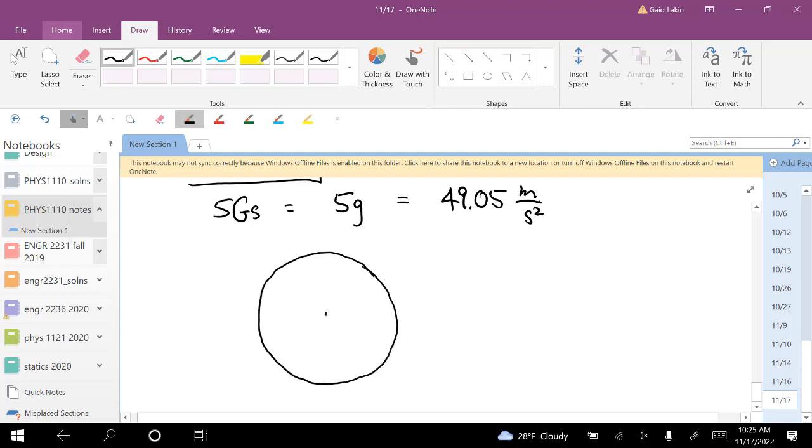So here's the circular path, and I'm going to use the usual coordinate system like this. And we have to choose an instant to look at. It doesn't matter what instant you choose, but I'll think of it over here. The centripetal acceleration vector points from the person toward the center of the circle.